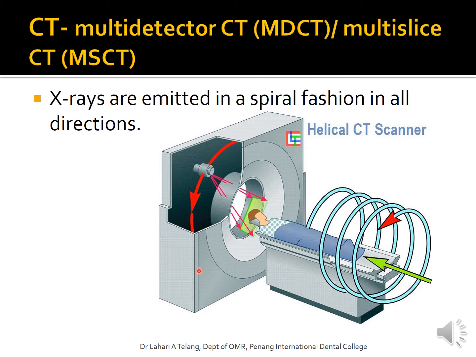It uses X-rays which are emitted from multiple sources present within this gantry, and the patient lies down and the X-ray source rotates around the patient in a spiral or helical pattern, which allows each and every part of the area imaged to be exposed to radiation. One very important thing for you to note down is that the CT scan utilizes X-rays, and that's why there is a high amount of radiation dose involved.